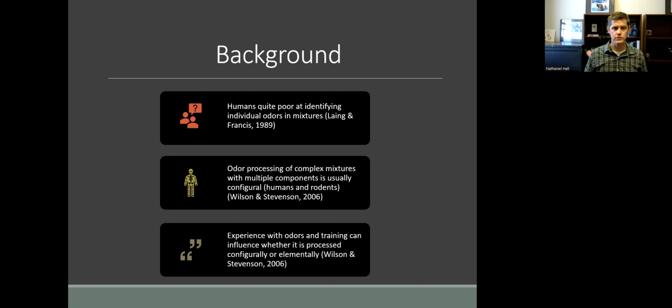Configural, to put it simply, is when the combination of a variety of odors come together to produce a unique other odor that isn't just smelling each of those individual components. You've probably heard the theory that when you smell a pot roast, the dog smells each of those individual components, but us humans can only perceive the complex mixture of just pot roast as a smell.